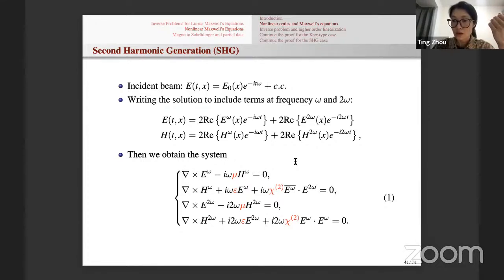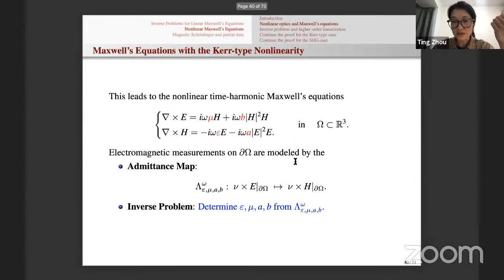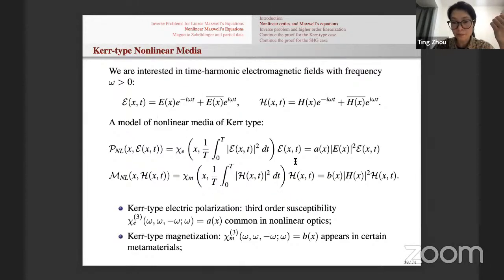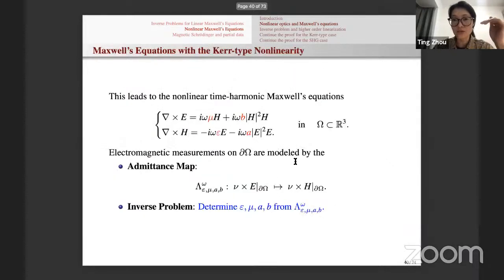So the question really is that, I guess it's also not so rigorous in the modeling. We only assume that the resulting electromagnetic fields can be only of omega and 2 omega.